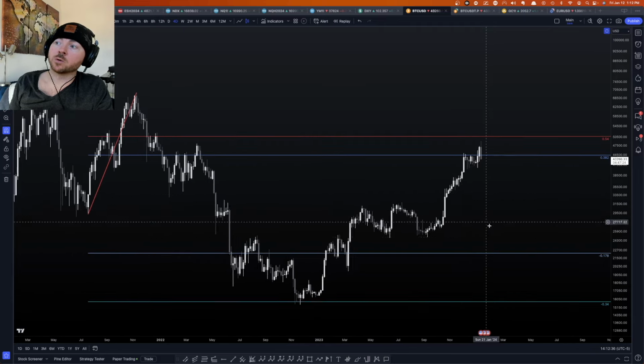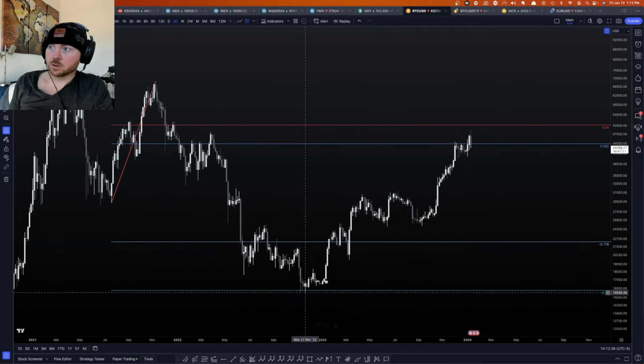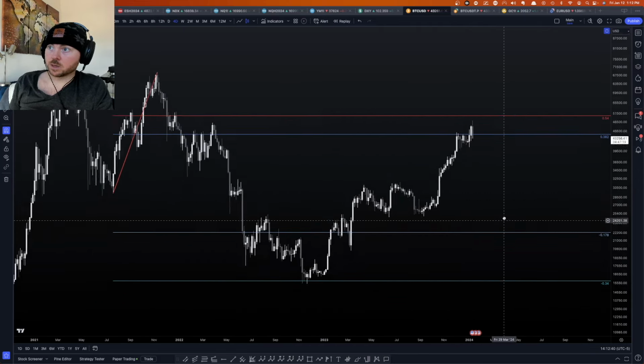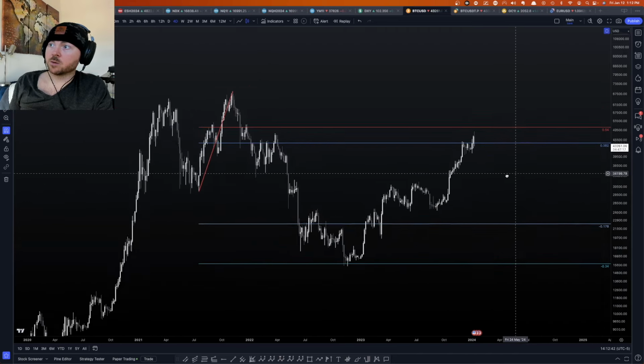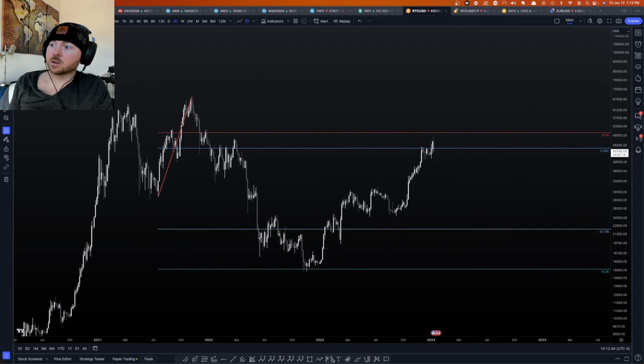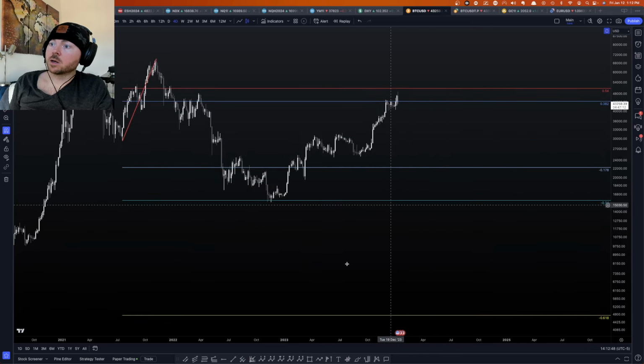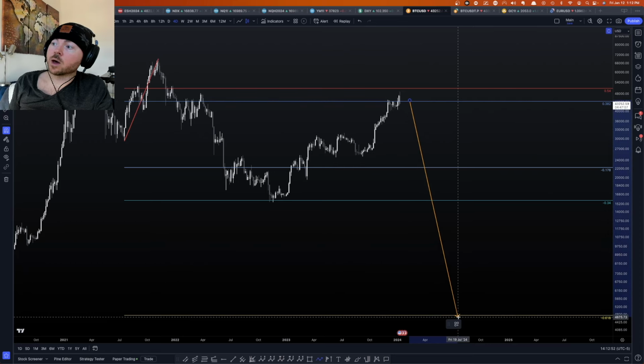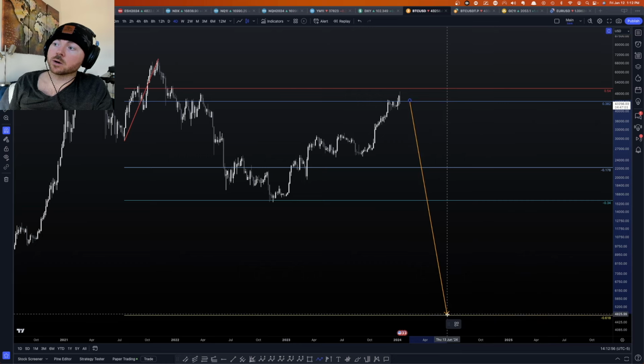This is a normal move. On low time frames, you see this stuff all the time. What does it mean? It can mean a lot of things. It could mean that there would be a way to finally get a move down to the 4,700 area.